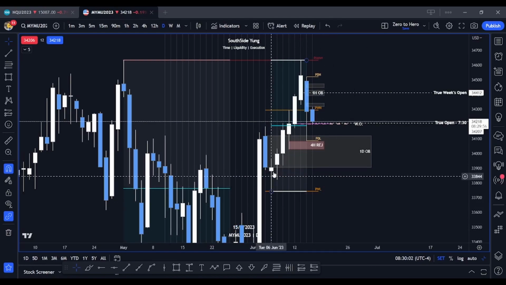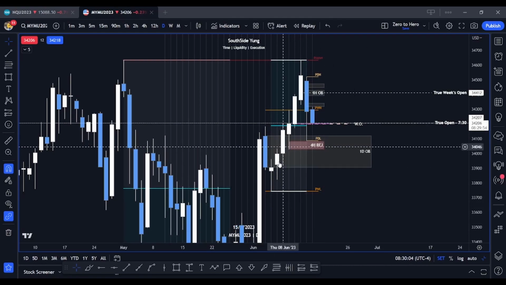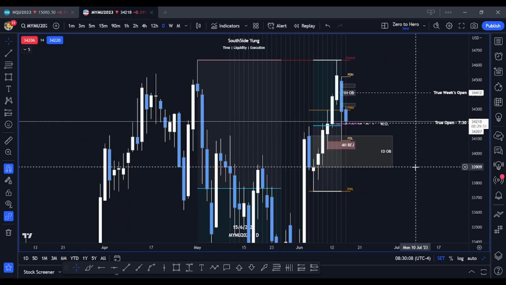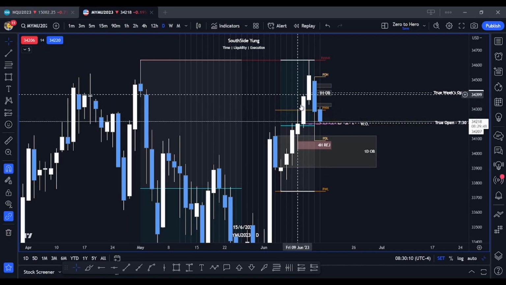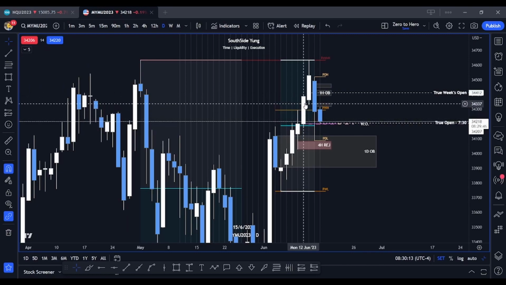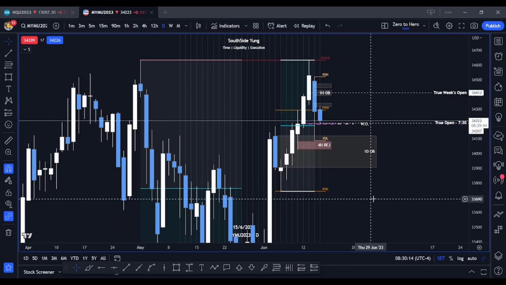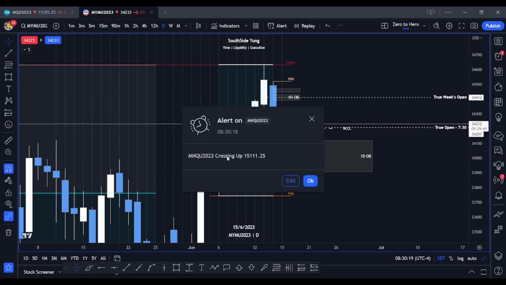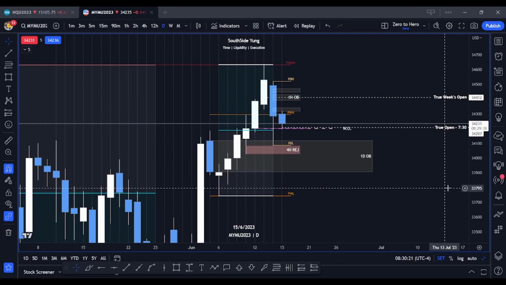Keep in mind the first couple days of the rally weren't the hugest, but at the end, you can see these candles are hundreds of ticks, hundreds of points. So looking at something like this, you expect a pullback or at least a retrace up.